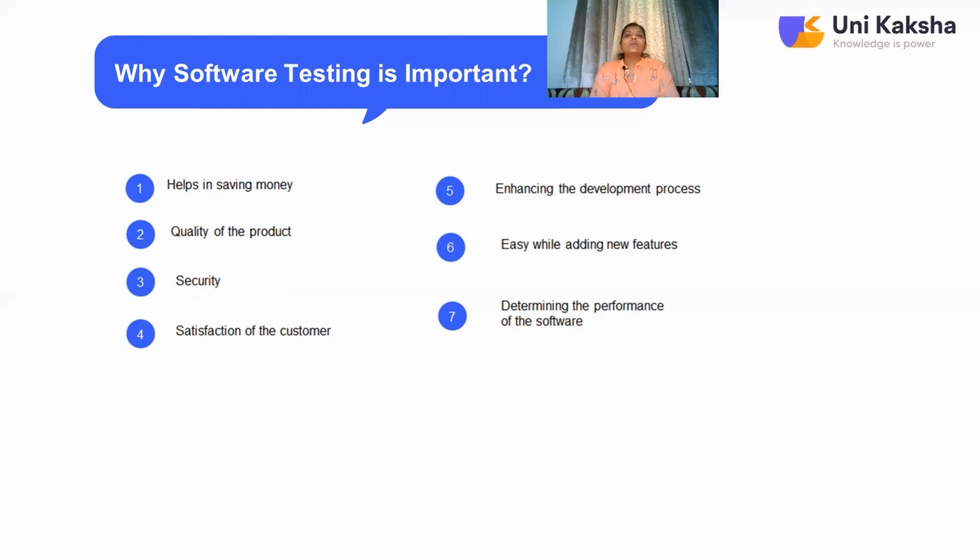As I told you, if the error is found at an earlier stage of project development, it really saves your money as well as time to fix that particular bug or error. It is going to assure the quality of the product, because every module is tested after it has been developed. So it is going to ensure the quality of that particular product.